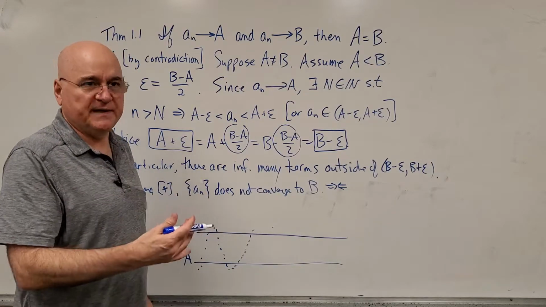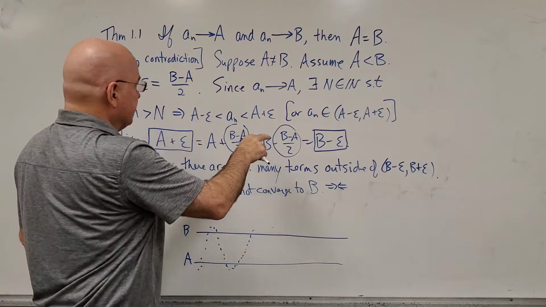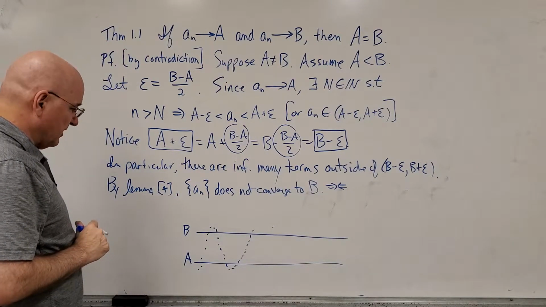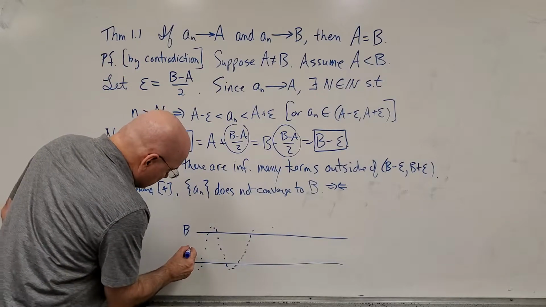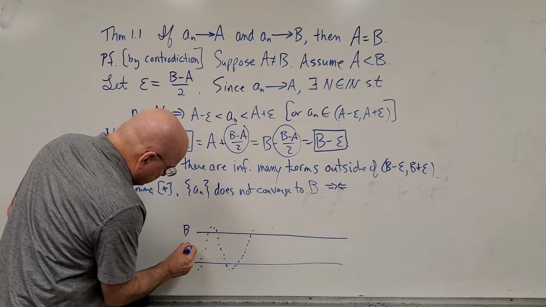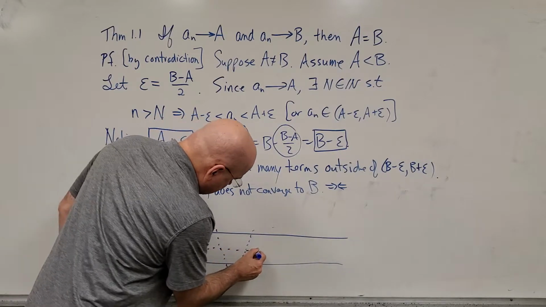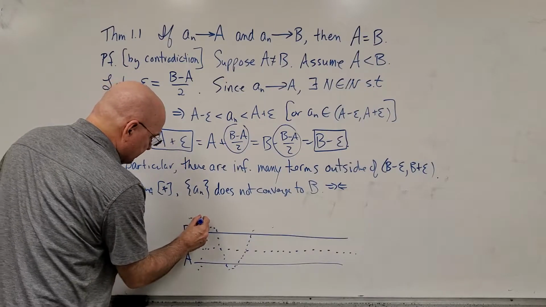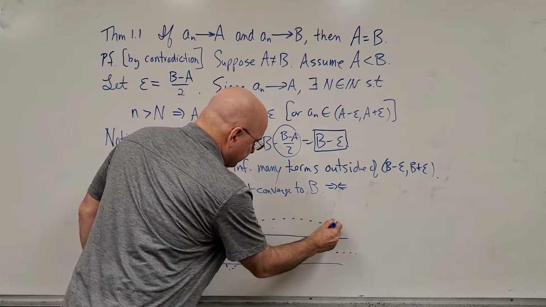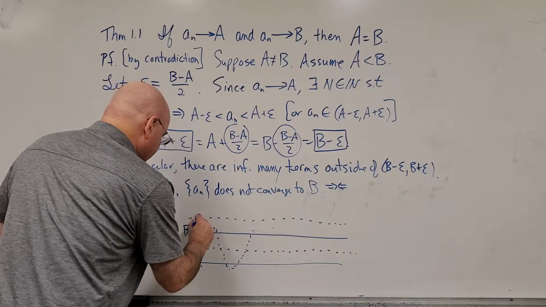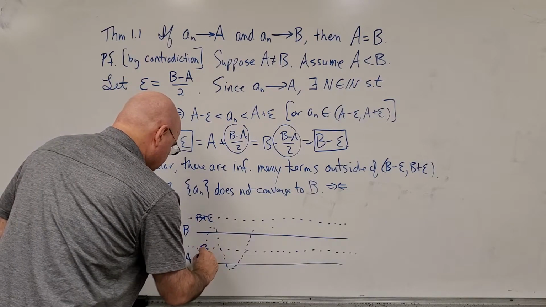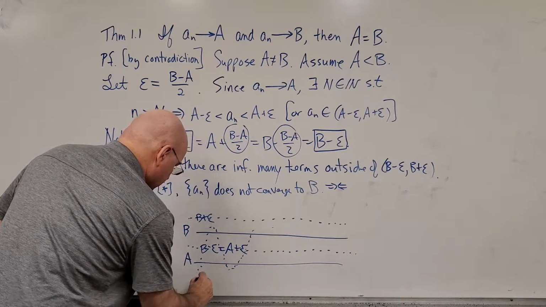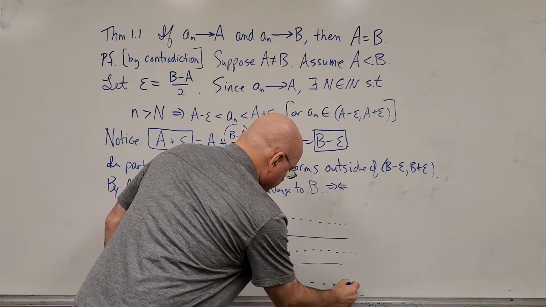I mean, we're assuming that it converges to A and B. That's where we are going to reach our contradiction. So we chose epsilon in a way so that our little epsilon tube around B, that's B plus epsilon, that's B minus epsilon, which is also equal to A plus epsilon, and then this one would be A minus epsilon.